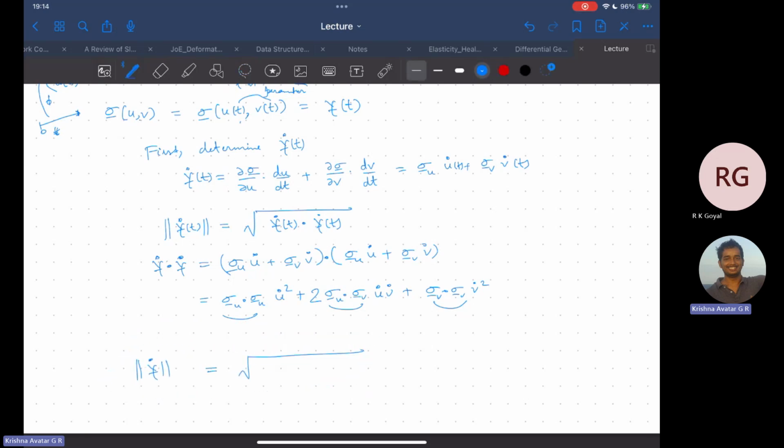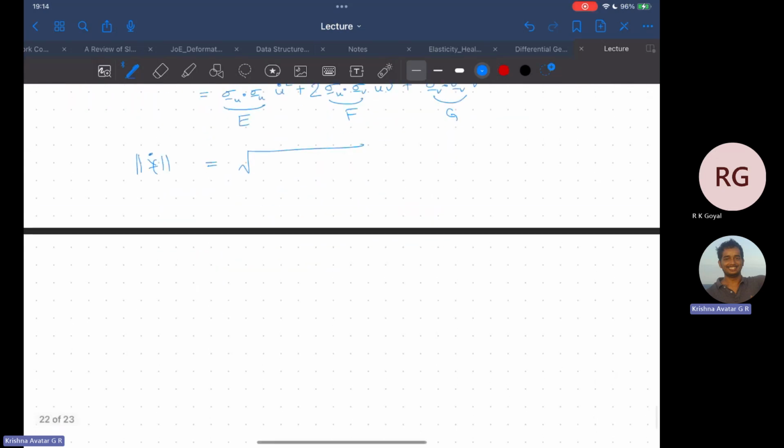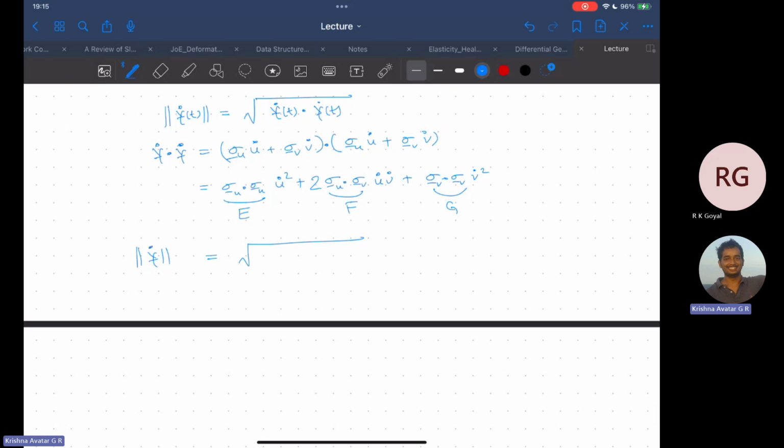Let's call sigma u dot sigma u as E, sigma u dot sigma v as F, and sigma v dot sigma v as G, right? So we have the square root of E u dot squared plus 2F u dot v dot plus G v dot squared, right?